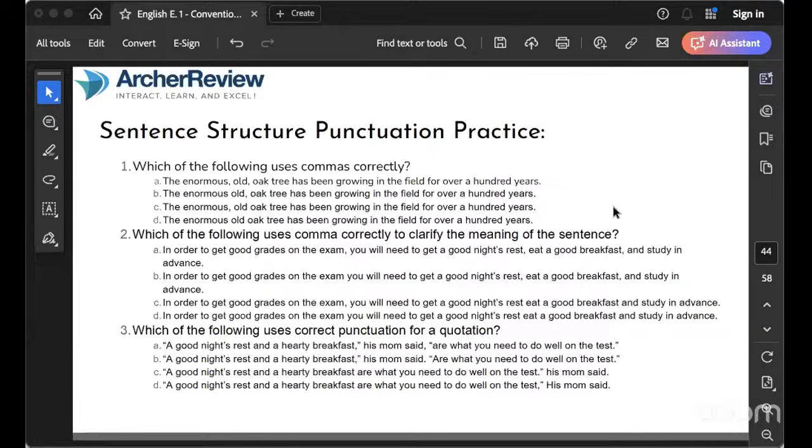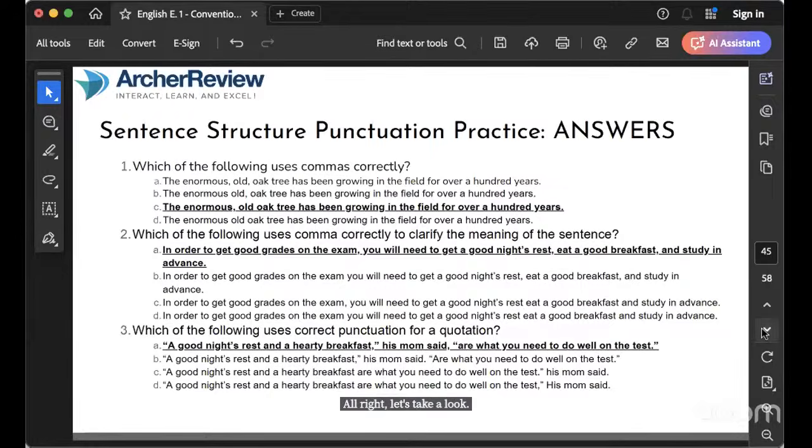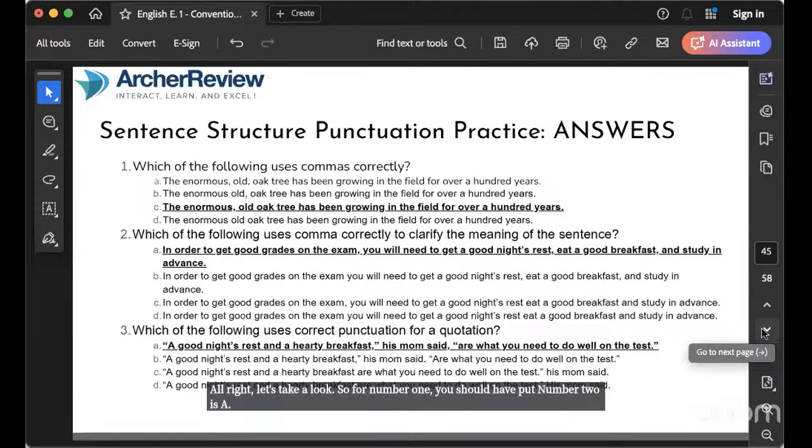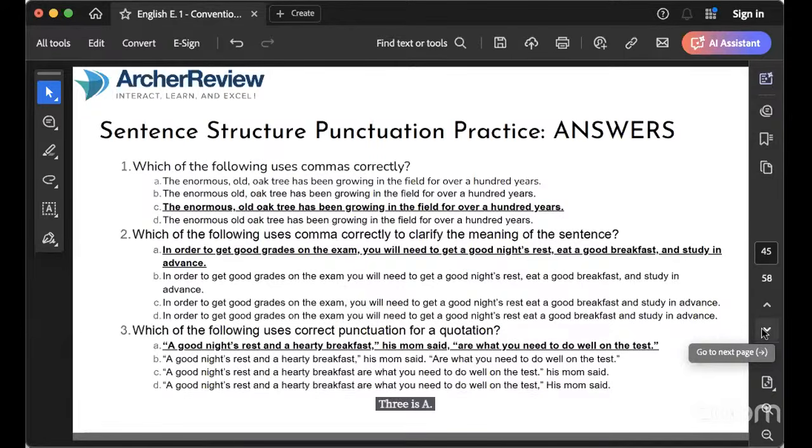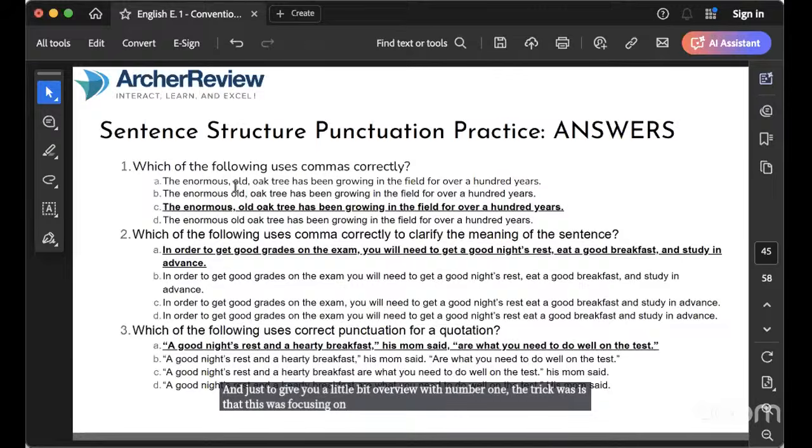All right, let's take a look. So for number 1, you should have put C. Number 2 is A. 3 is A. Let me know if you have any questions. And just to give you a little bit of overview, with number 1, the trick is that this was focusing on the use of adjectives.